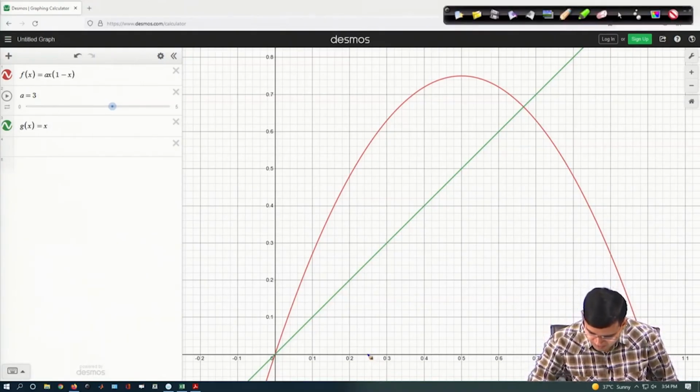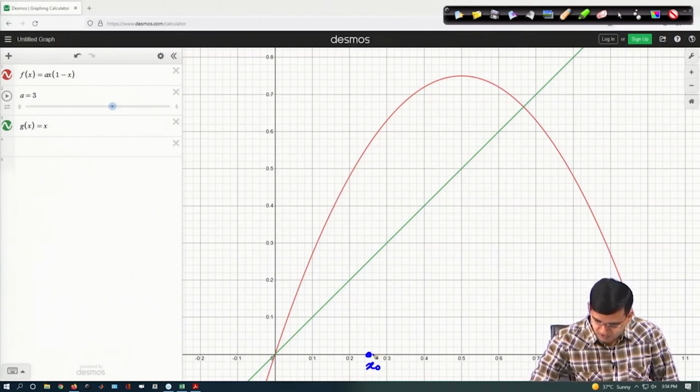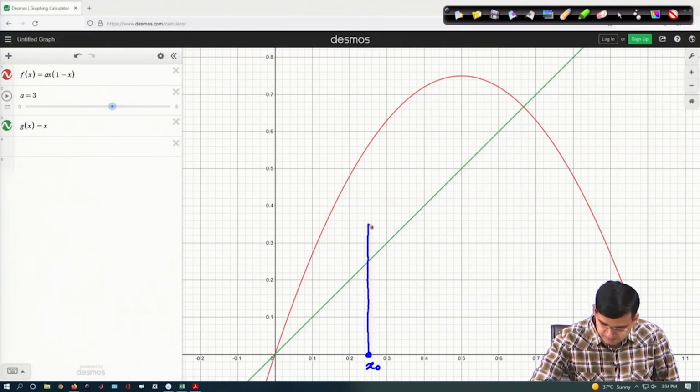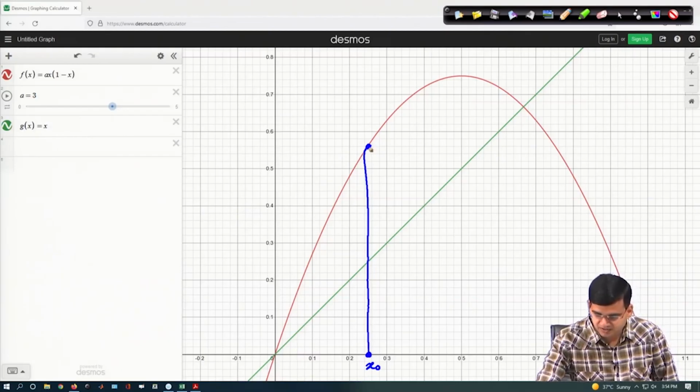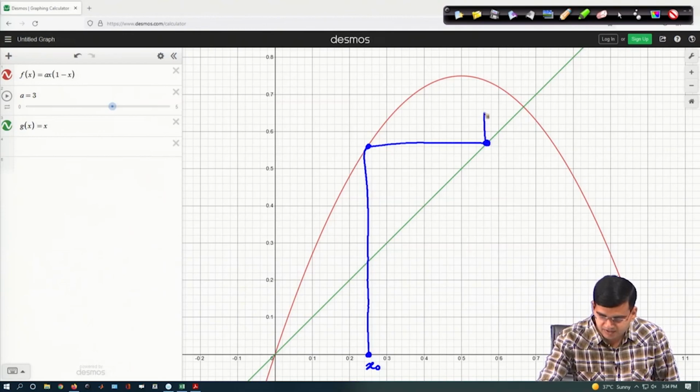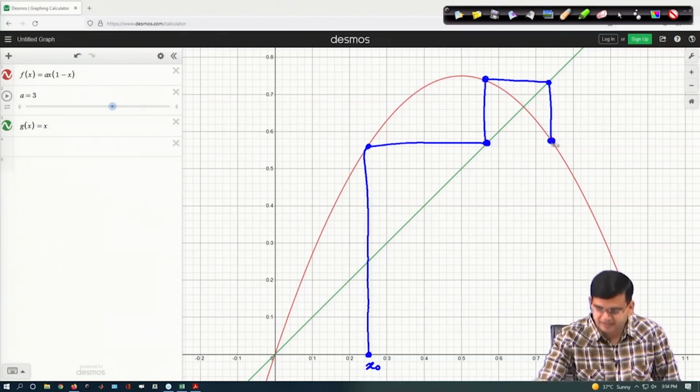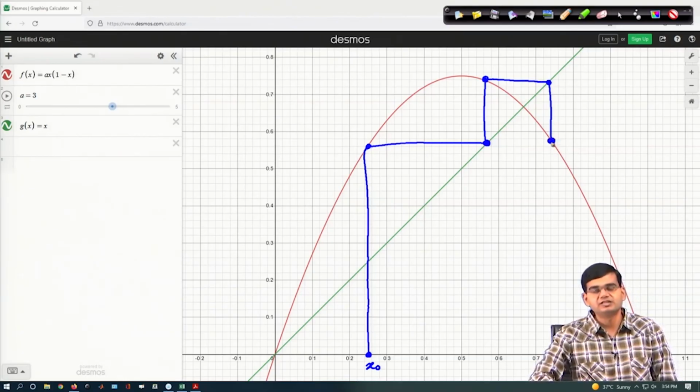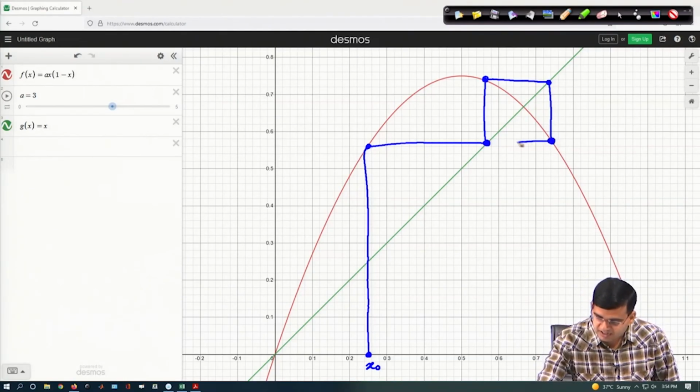So, this is x 0 equal to 0.275. I will go up all the way here, then I will go here, then here, and I will come here, and then an interesting thing happens. What is the next step? I will come here.